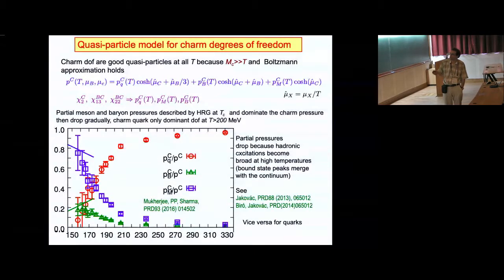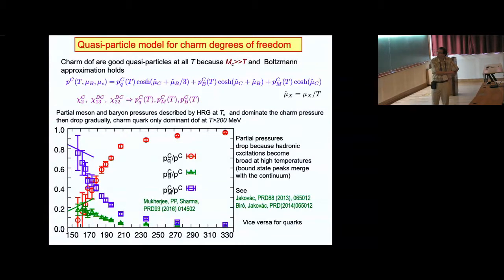So essentially at 170, 180 MeV, half of your pressure is due to charm quarks and half of the pressure is due to some other degrees of freedom, which in this simple model you would identify as the pressure of charm mesons and charm baryons. And of course, at low temperature, this partial pressure of charm mesons and charm baryons seems to agree with the prediction of the Hadron Resonance Gas.